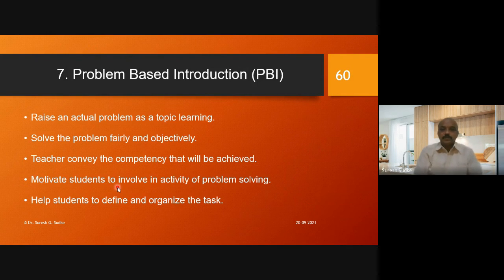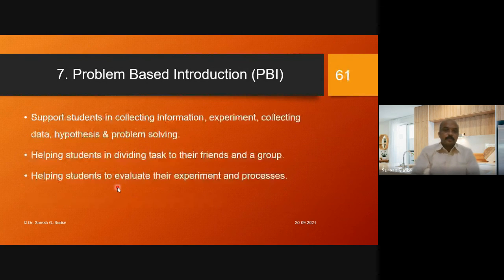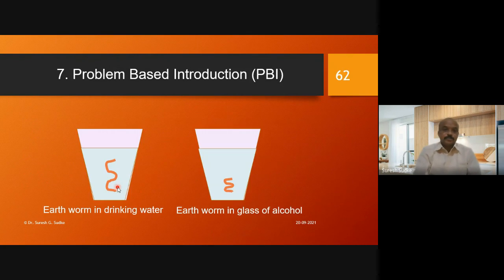We should motivate our students to perform the problem solving activity and help them define and organize that task. We support them in collecting information, experimenting, collecting data, forming hypotheses and problem solving, and we help them divide tasks among their friends and group. We help to evaluate the experiment and the processes.